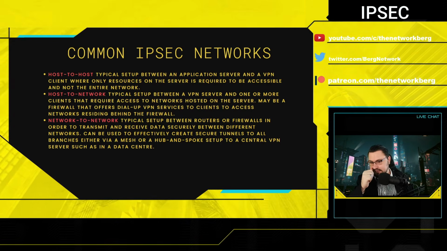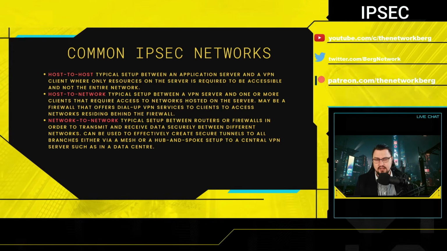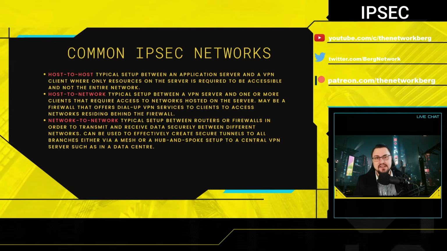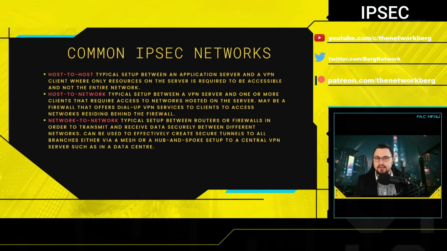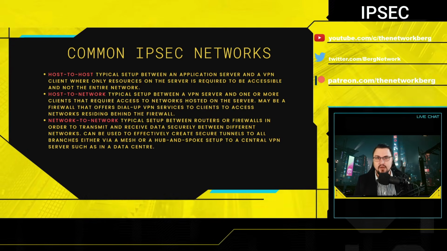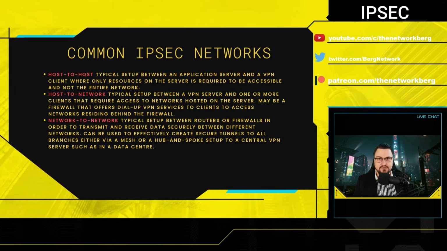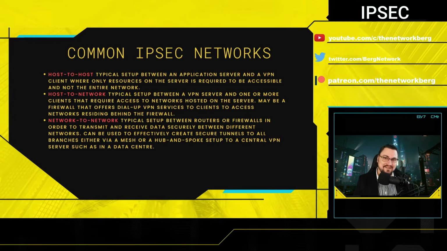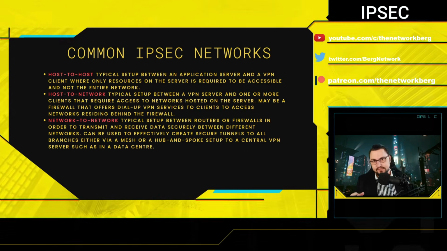And then lastly, we've got network to network. Now this is quite nice, because this will allow us to get to different subnets or different network addresses using IPSEC. So think of this as a secure way where you might have remote branches, and all of your branches might connect to your head office, and then through your head office all of the branches can also connect with each other, so that you've almost got, I don't want to say an MPLS network because it's all going to be IPSEC, but you've got a secure way to access all of your branches remotely.